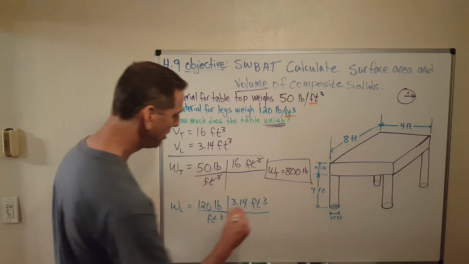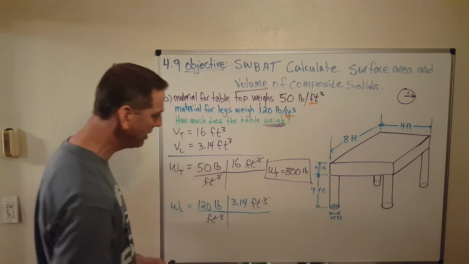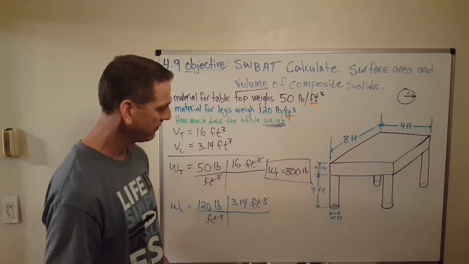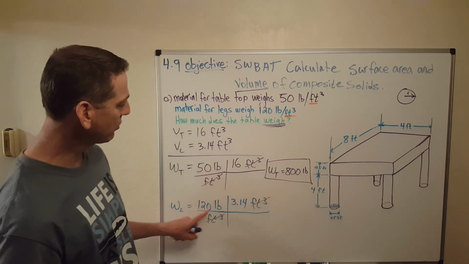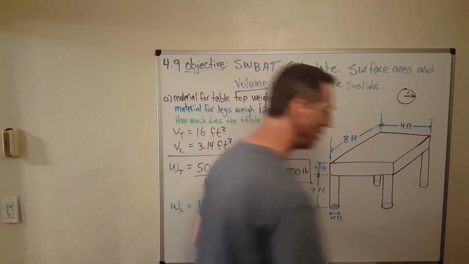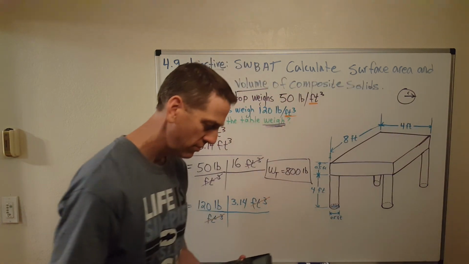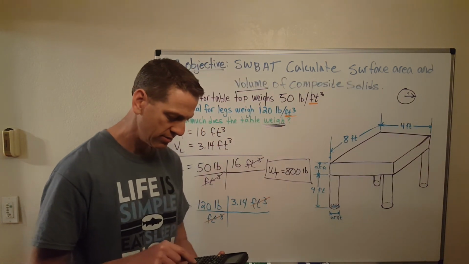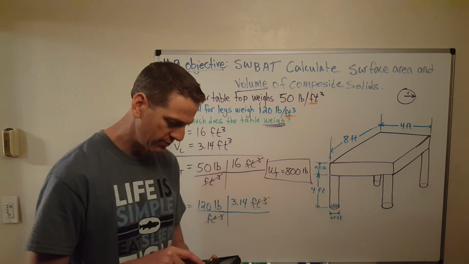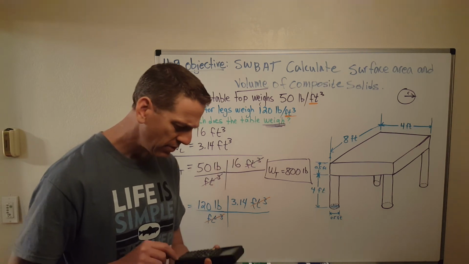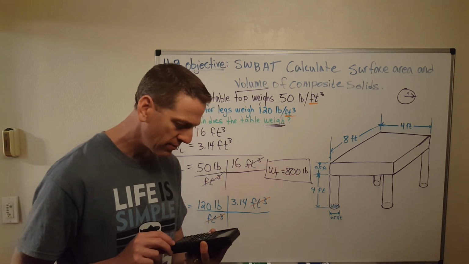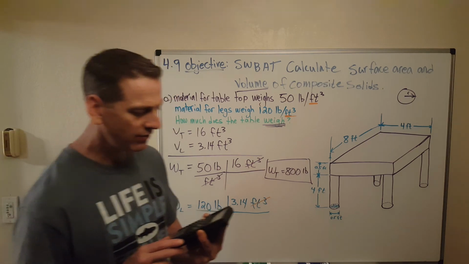Now you'll see that cubic feet over cubic feet are going to cancel. And we have 120 times 3.14, which is 376.8.